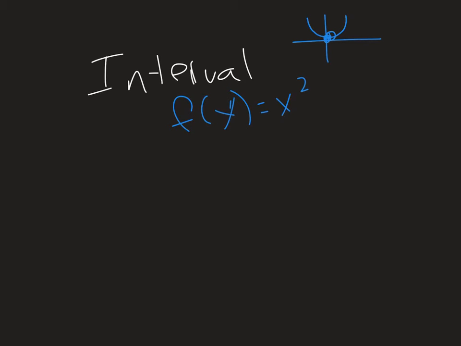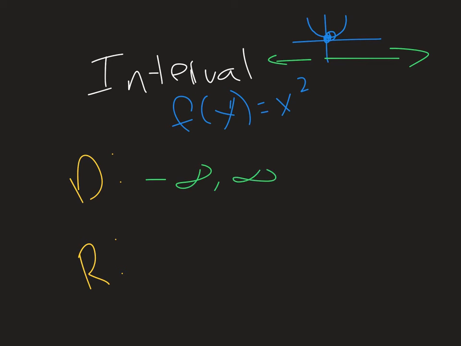Okay, now again we're looking at domain, we're looking at range. Now if we're thinking about domain values, we cover them all. So interval is basically I'm trying to give a span of numbers. So in this case, it's a little weird. It goes from negative infinity to positive infinity.